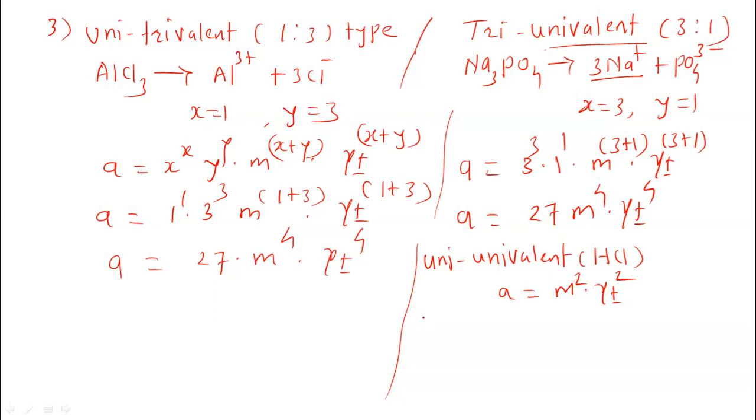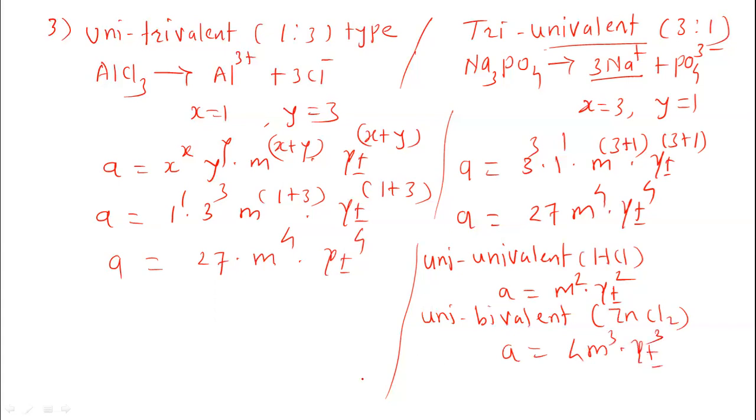For unibivalent or biunivalent type of the electrolyte, for example ZnCl2, which is a unibivalent type of the electrolyte, the expression for the activity is a equal to 4 into m cube into gamma plus minus raised to cube.